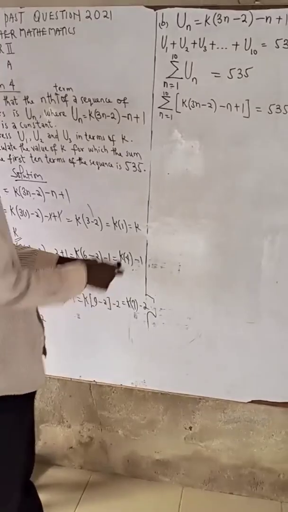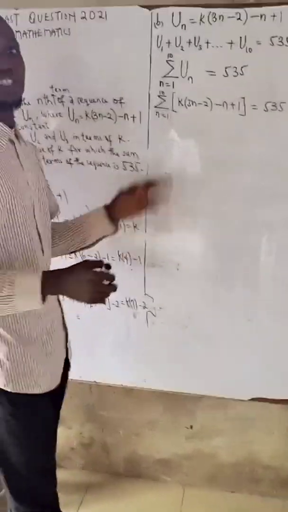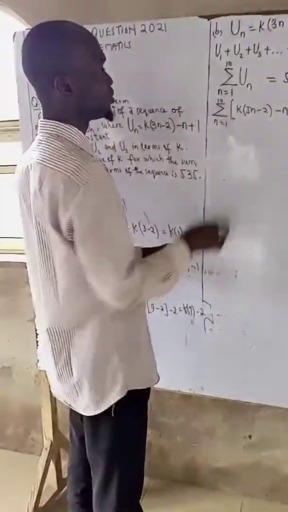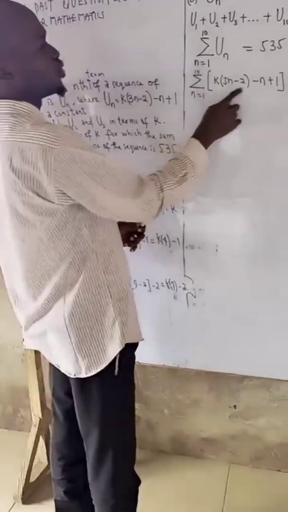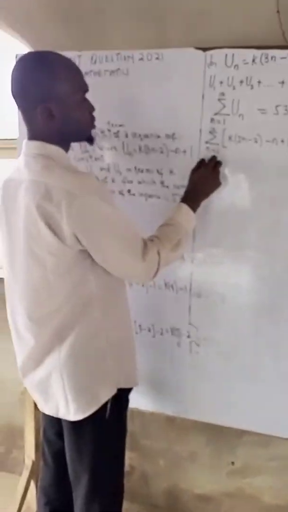From there, I have to distribute this because one of the properties of sigma notation is that it is distributive. But before that, let me open the inner bracket.